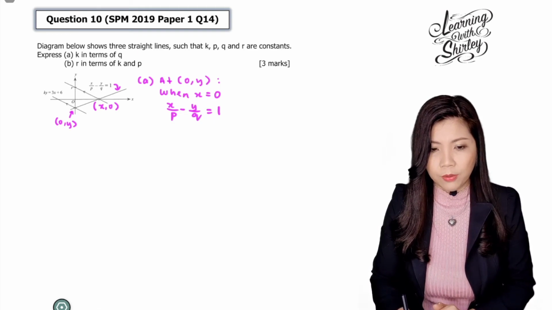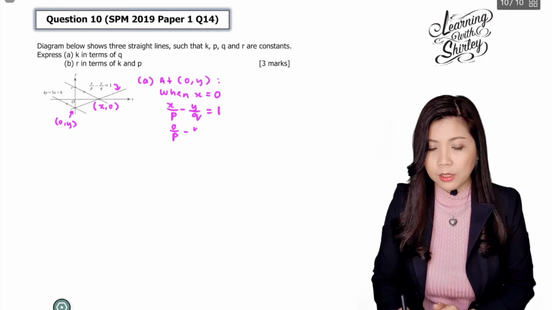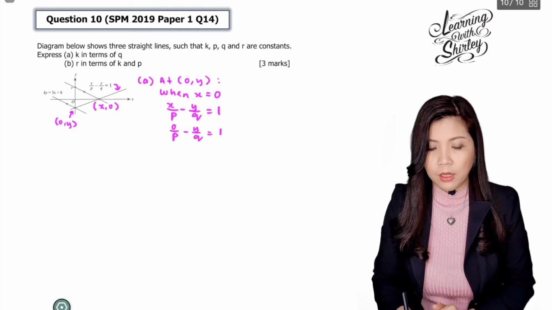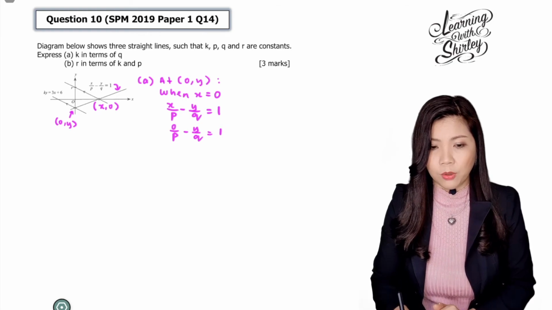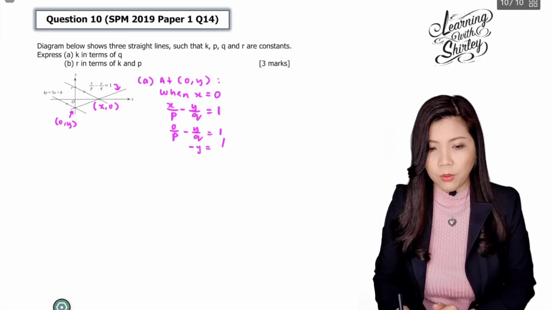So when x is 0, it will be 0 over p minus y over q equals 1. 0 over p is 0, so negative y equals q. Therefore, y equals negative q.